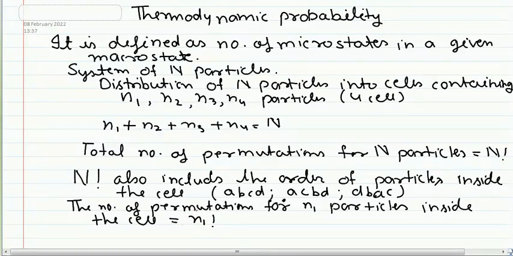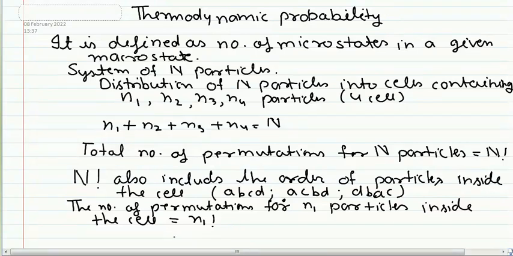So this n1 factorial, n2 factorial has no meaning, but it represents only the order inside the microstate, and therefore we will not count this n1 factorial, n2 factorial, because they will represent the order.